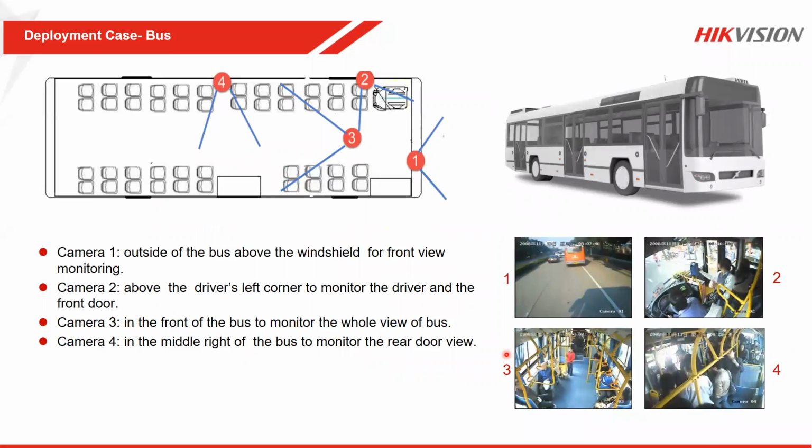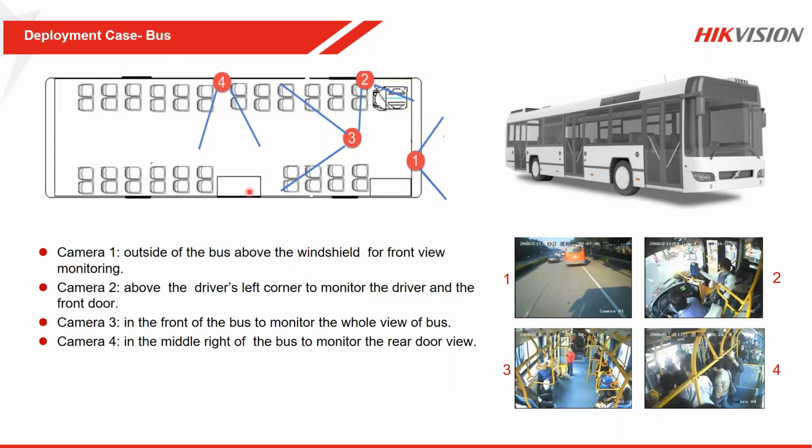If we look at a bus, a typical case, and this case can be applied in different solutions as well. You can have a front-facing camera, a camera monitoring the driver, and cameras alongside the aisles.